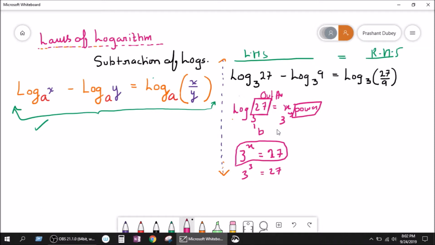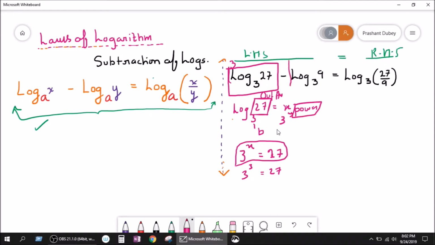You can just go back and watch that video, because if you don't understand the basics, this video will be a big waste of your time and my time as well, because if I teach and somebody doesn't understand, that's a waste of time for both of us. So just learn the basics before you hop onto this video. So log 27 to the base 3 is actually 3.